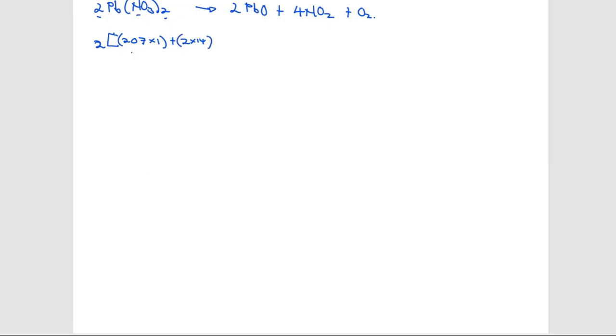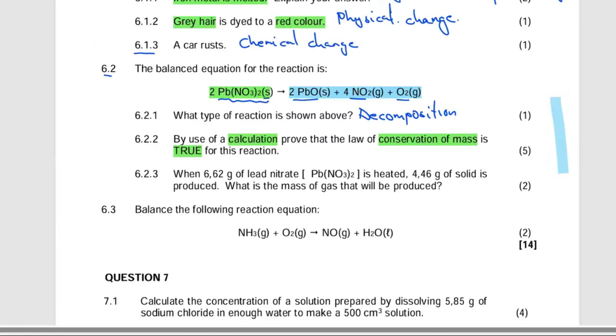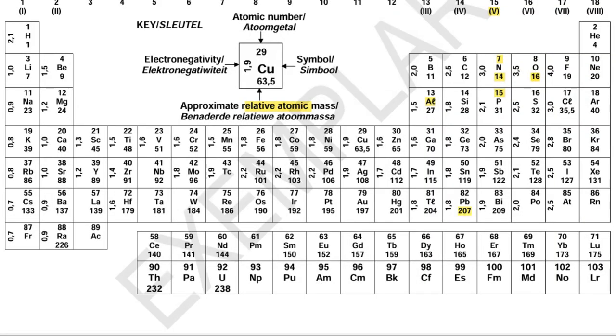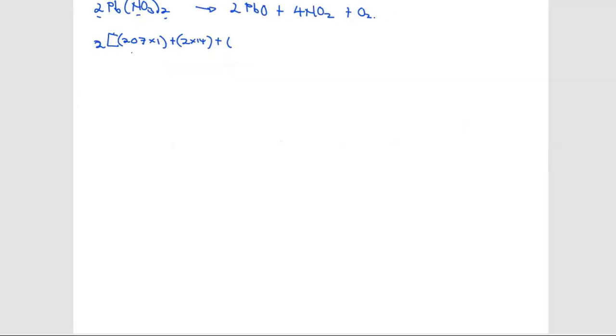And then I'm also going to add our oxygen. The relative atomic mass for oxygen is 16, and we multiply our 16 by 3, so 16 times 3.